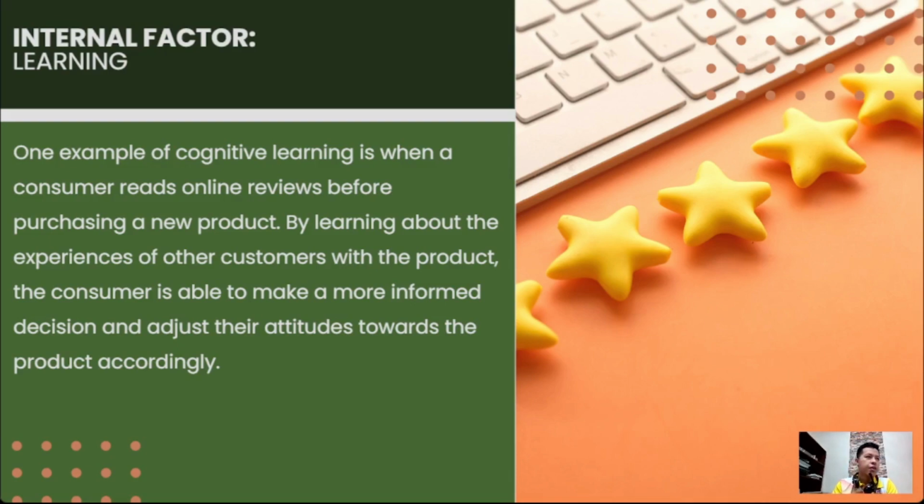These reviews are very important because they provide an idea of the experiences of customers and consumers in purchasing a specific product. Consumers want to discover these reviews because they give them the idea. And by learning about the experiences of other customers with that specific product, the consumer is able to make an informed decision and adjust their attitude towards the product accordingly.